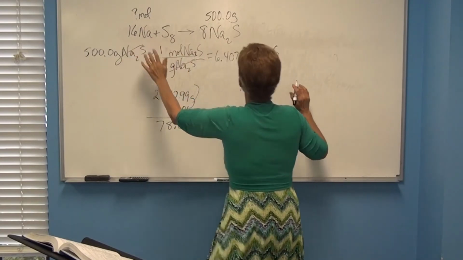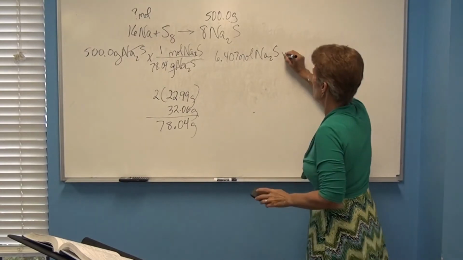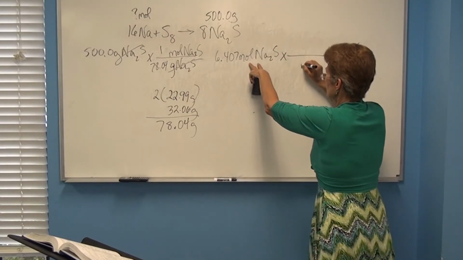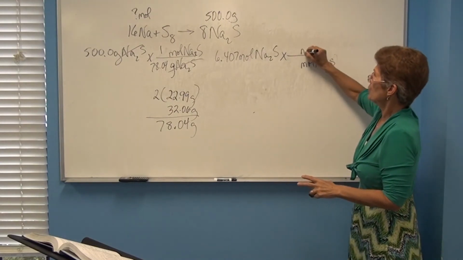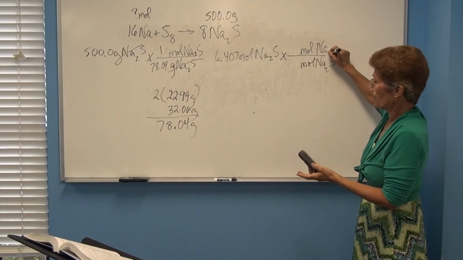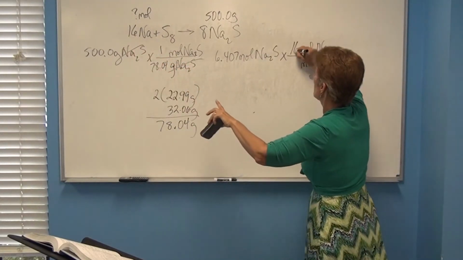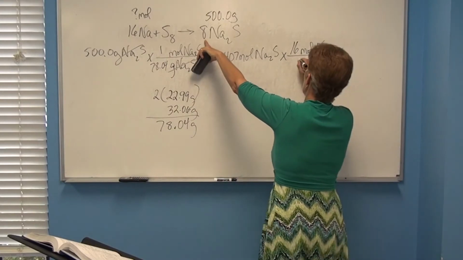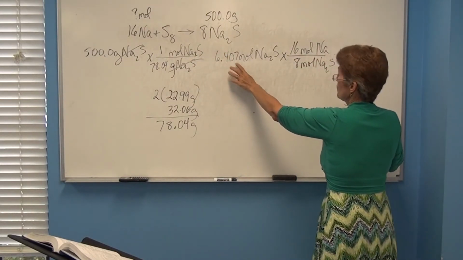Now, we've gotten from here to the moles of this. Now we can go across to this, can't we? So I'm going to go like that. And whatever's here has to go down here. And wherever we're trying to get to goes on the top, which in this case is sodium. And so the sodium has a 16 next to it, so we put the 16 here. This has an 8 next to it, so we're going to put that there. So it's going to be 2 times this number.